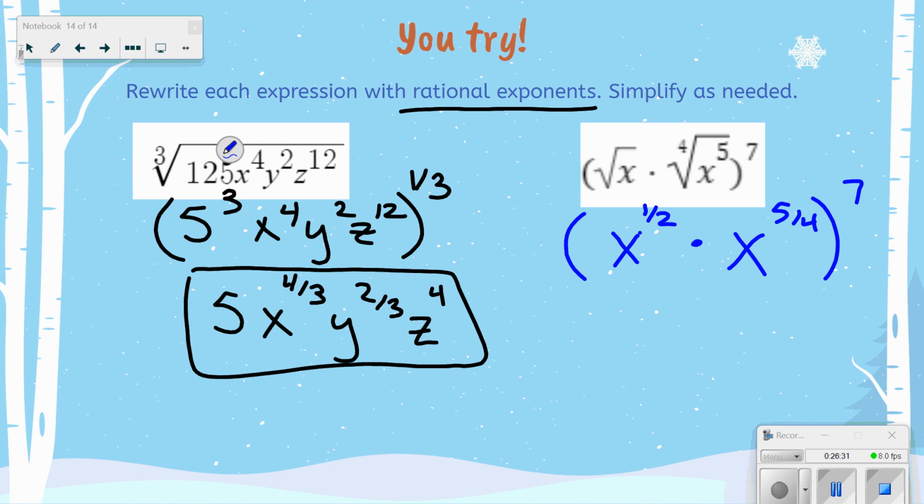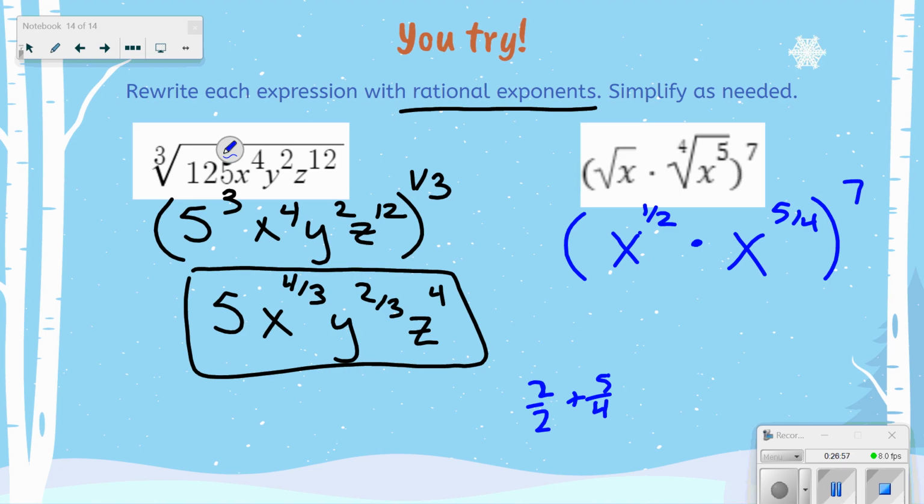I think going through and simplifying inside your parentheses might make things a little easier. Because if I'm multiplying here, what am I doing with my exponents? Adding them. And can I add 1/2 and 5/4 right now? No, because they don't have what? A common denominator. Awesome. So if I have 1/2 plus 5/4, how do I make that into a common denominator?